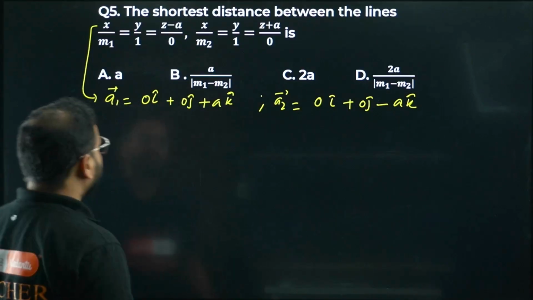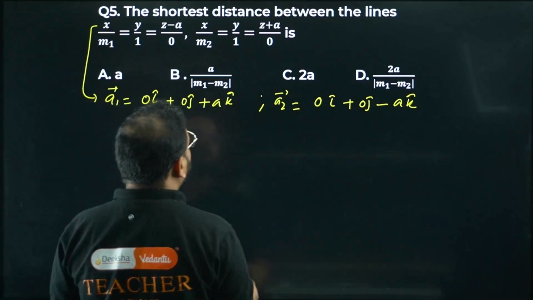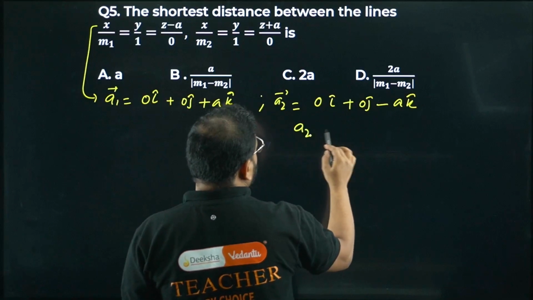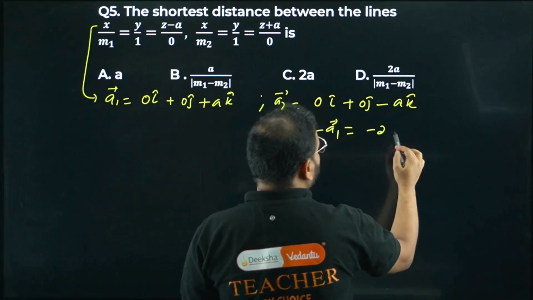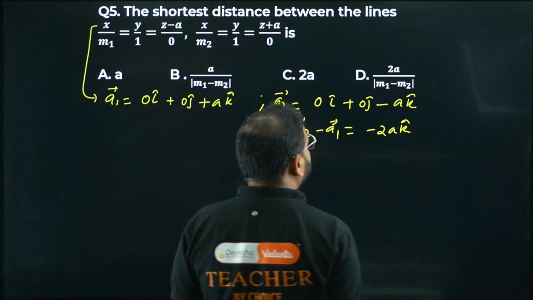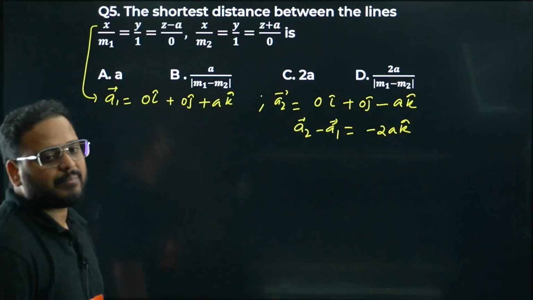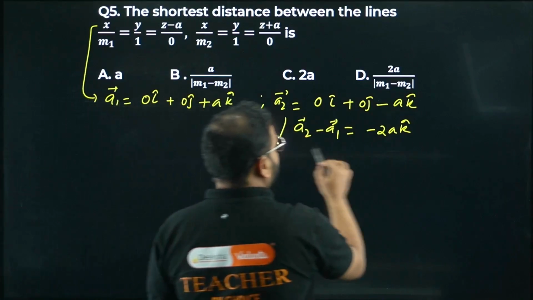So what we are finding now is a2 minus a1. It will turn out to be minus 2a k cap. Correct? Have a look.